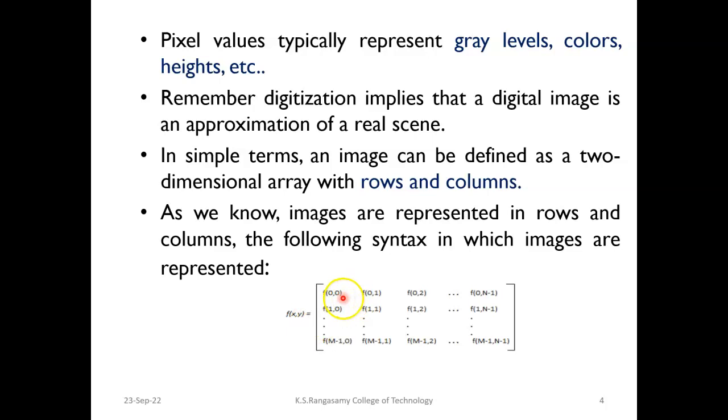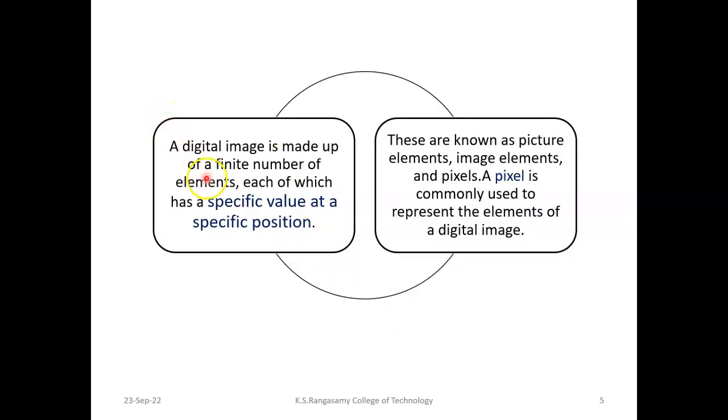For example, f of 0 comma 0 is row 0 and column 0, and f of 0 comma n minus 1, like that. So based on the image, we have the number of rows and columns in a particular image.